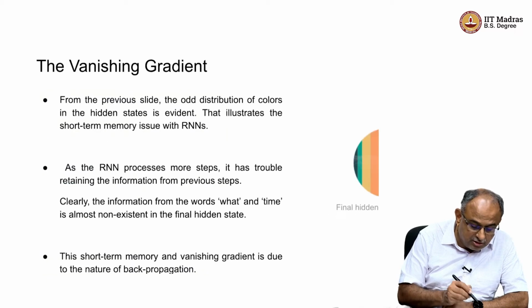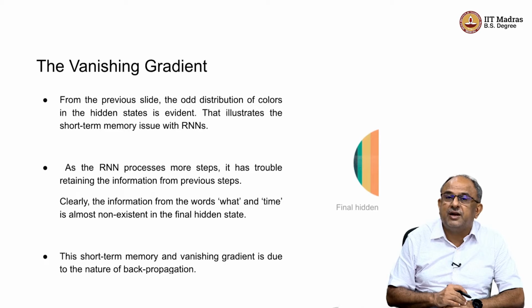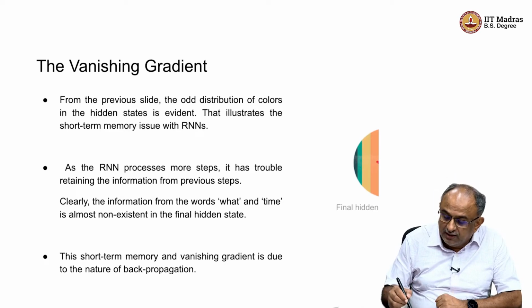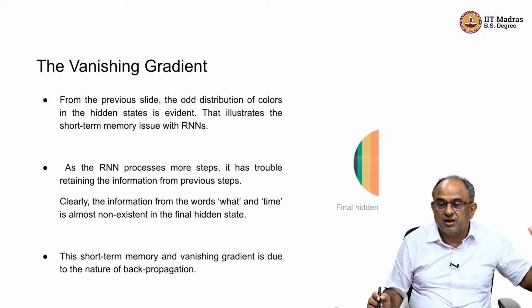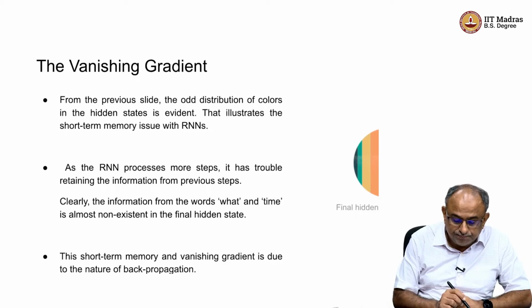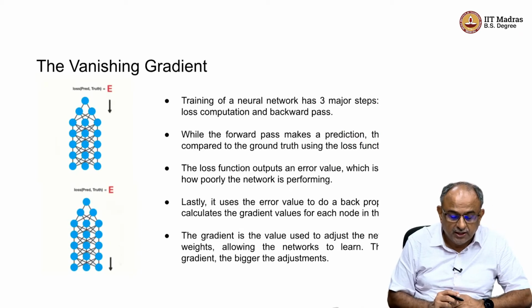And that is also the reason why we have the problem of vanishing gradient and exploding gradient, okay. So, the final RNN output is very little influenced by things that are at a very great distance from where I am looking, okay. So, as I said, "what" and "time" are very important for me to understand the intent, right.